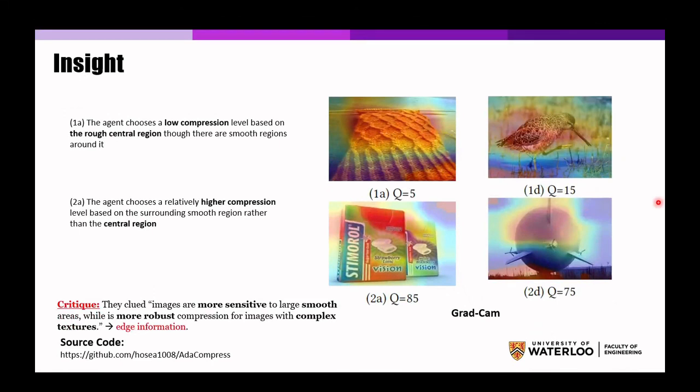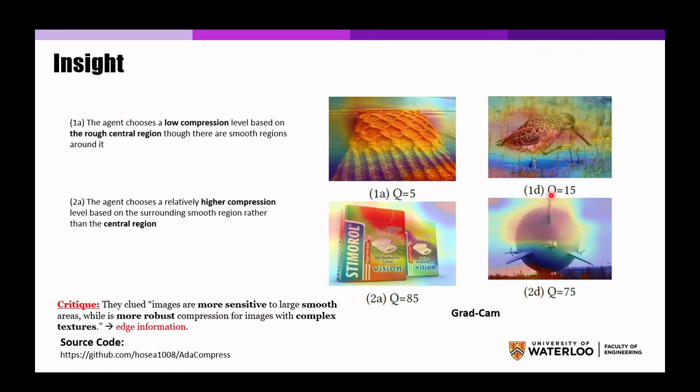GradCam has been used here to present the importance map of the deep neural network, and it is done by calculating the gradient of each target and backtracking it to the convolution layer. As you can see in 1A and 1D, for some pictures the agent chooses to compress highly.